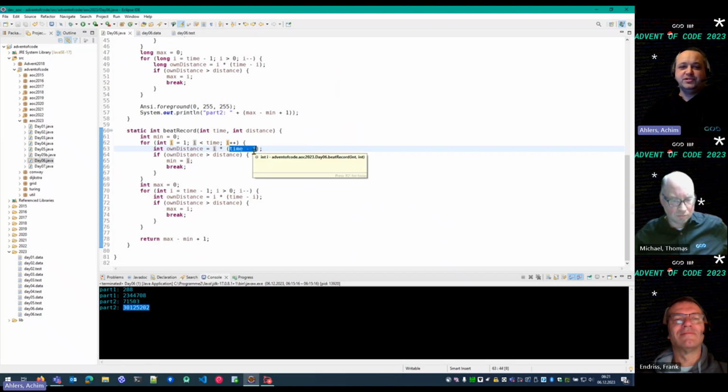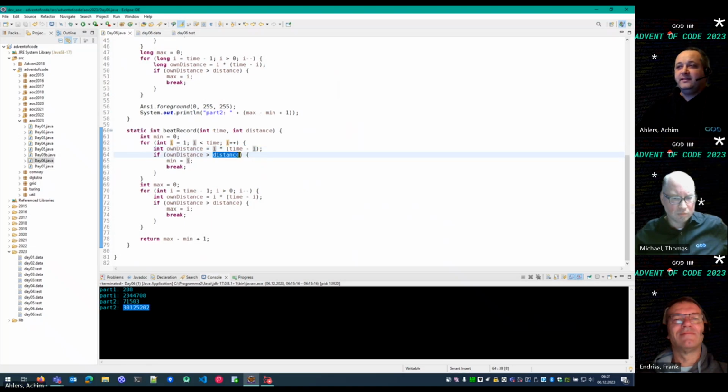So if I push it long, it has only little time left to move at all. And then I check if this calculated distance is bigger than the given distance. If it is, I save this time and break the loop.